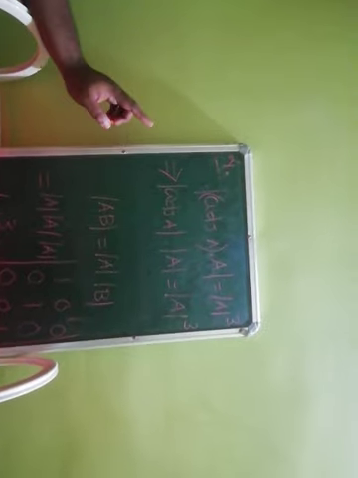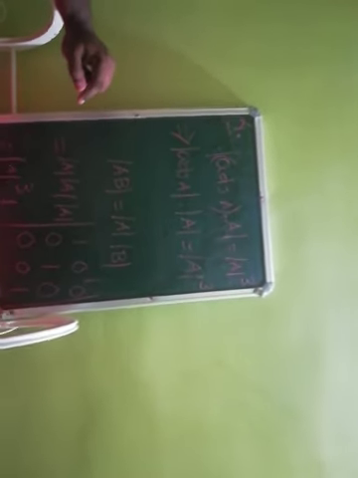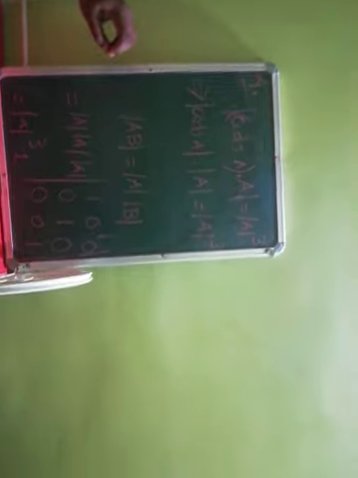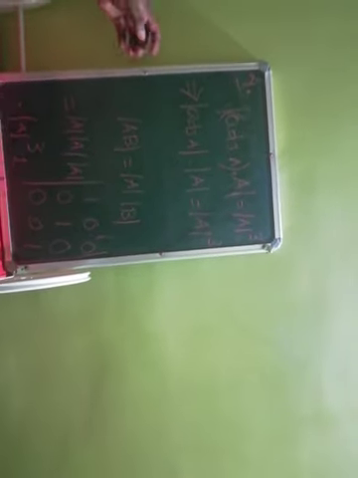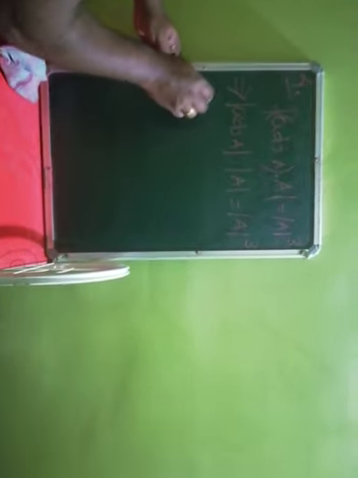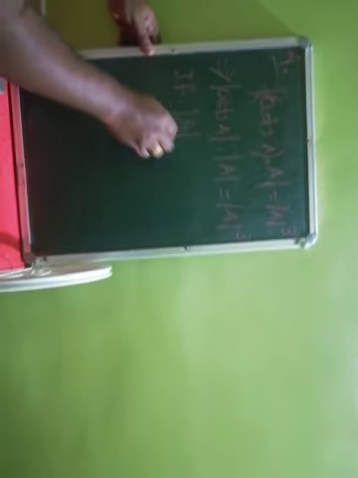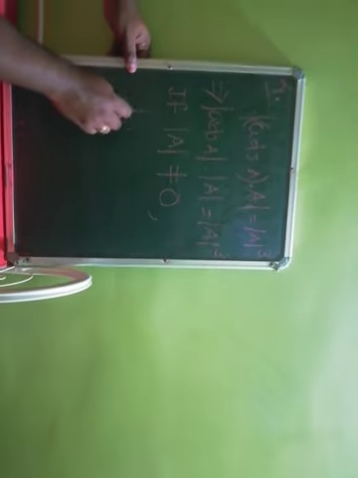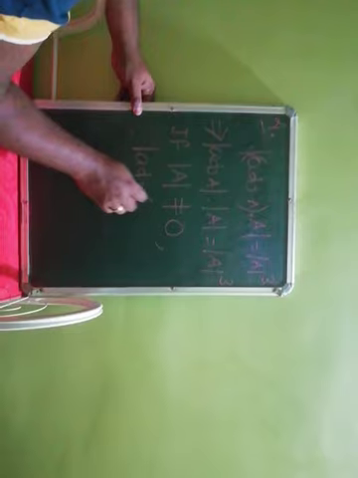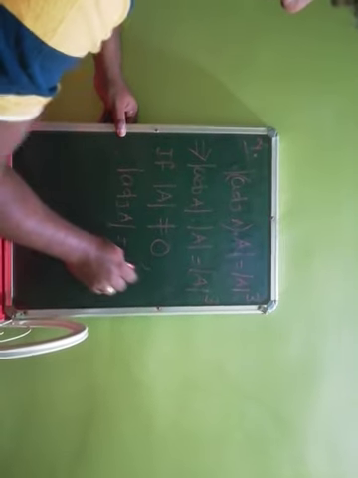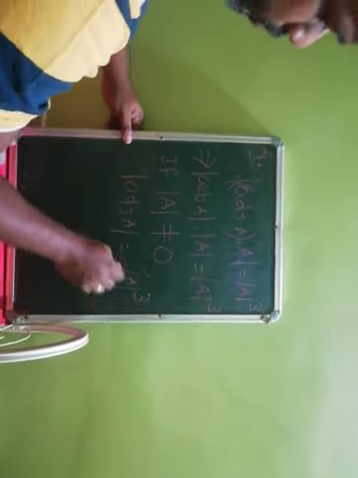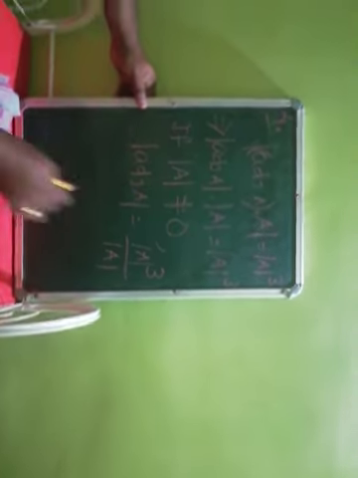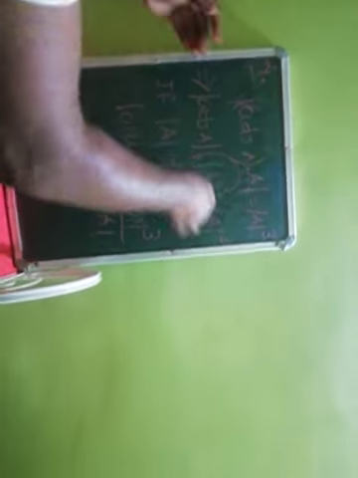Now one more thing: if A is non-singular, that is, if determinant of A is not 0, then determinant of adjoint of A will be determinant of A cube by determinant of A. I am transposing this to the right-hand side.